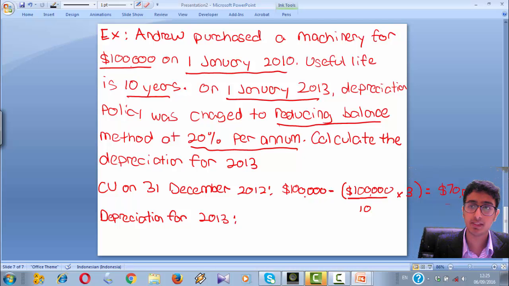My carrying value is $70,000, and the reducing balance charge is 20% per annum. Yes, that means now my depreciation for the year will become $14,000. Now remember where we put this $14,000? Yes, $14,000 we will expense it off in the profit and loss.